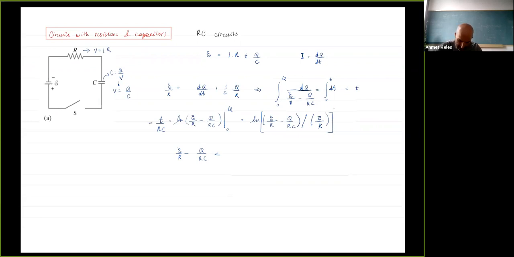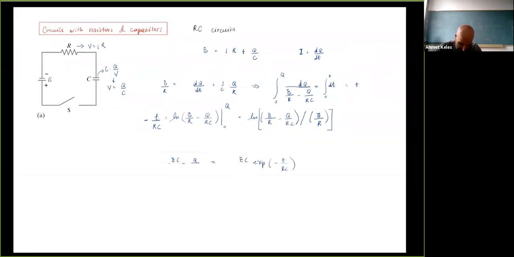I think you can just take the integral and take the derivative and then see it is going to be minus. And this will be equal to x to the minus t over RC. Now Q is equal to, okay, something C times 1 minus e to the minus t over RC. Good.